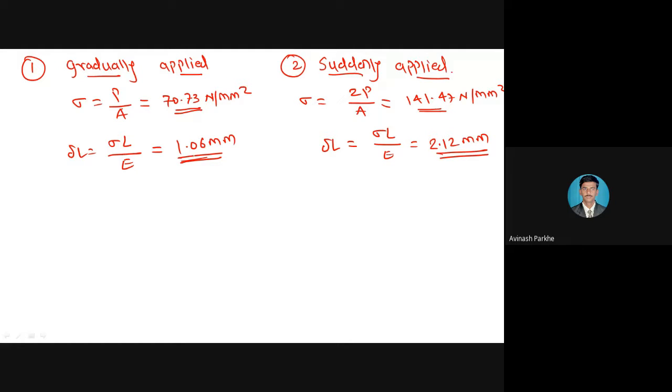If we double 1.06 we get 2.12 mm. Is that clear? Therefore, we can easily say that whatever the stress, whatever the elongation taking place due to suddenly applied load, it is 2 times or twice that of gradually applied load.